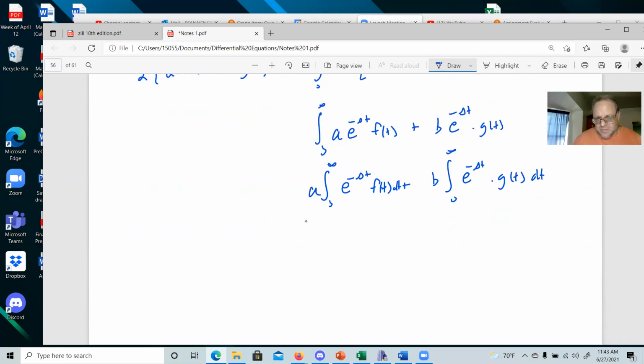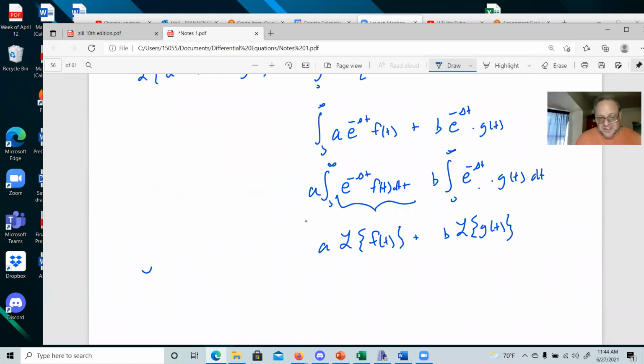And isn't this piece here just the Laplace transform of f of t? And isn't this the Laplace transform of g of t? Yeah, it is. That's how that works.